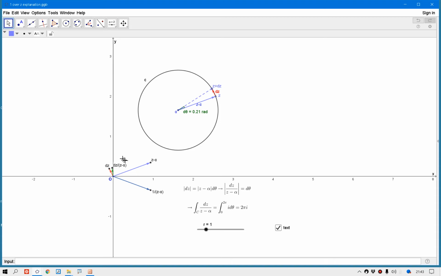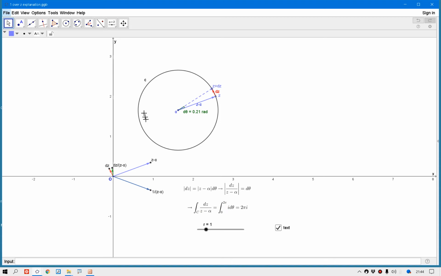Next, the length of this vector. The length of dz equals the length of (z minus alpha) times d theta. Therefore, the length of dz over (z minus alpha) equals d theta. So the length is d theta, and the argument is 90 degrees. Thus, dz over (z minus alpha) equals i d theta. Okay, these two are the same.